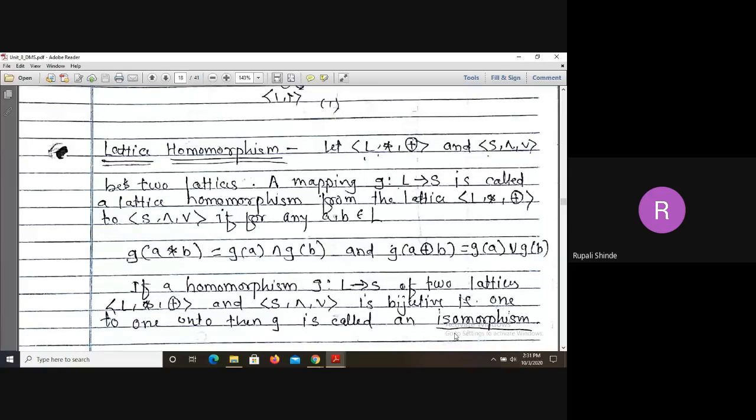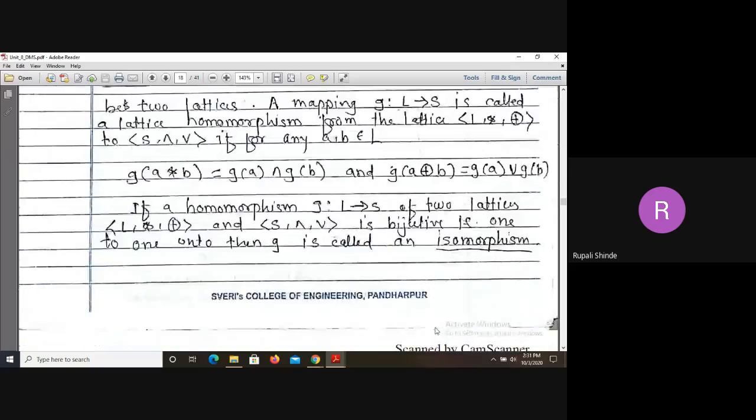So in short, we can say that if this function g is one to one and onto, then that is called an isomorphism. Meaning समजलं का? Isomorphism का म्हटलंय? Because this function is both one to one and onto. That's why this is called isomorphism. Okay.